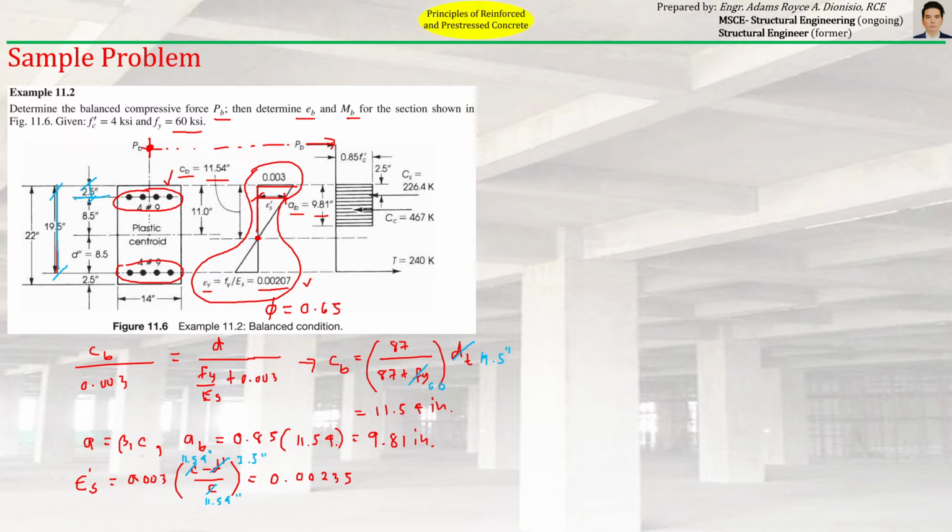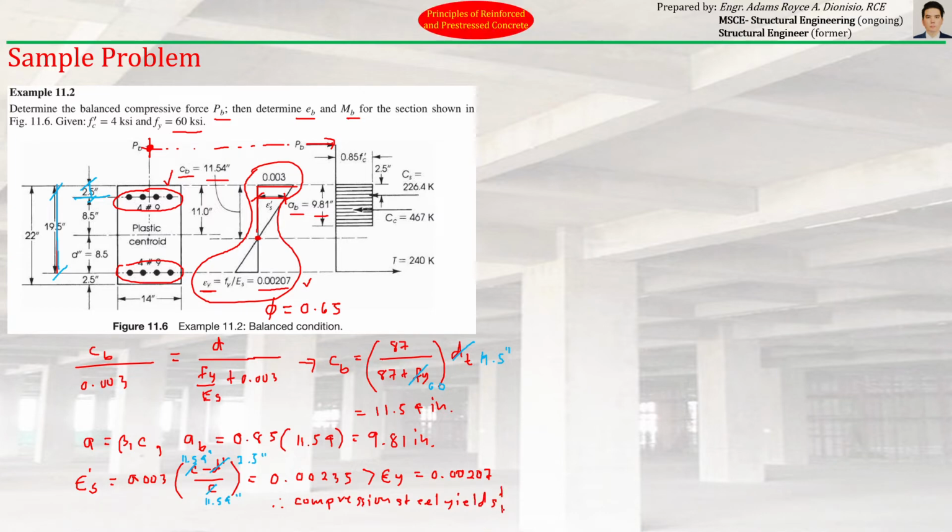And if we compare that sa strain y, that is obviously greater than strain y, which is 0.00207 or kahit 0.002 na lang. Kahit alamin na natin yung exact. So, with that, we can easily see that the compression steel yields. Nag-yield siya. Okay?